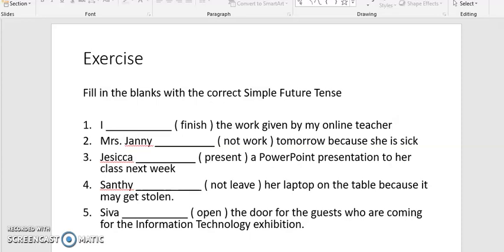I shall say, this one is in positive form. So the answer is: I will finish the work given by my online teacher. Okay, so the rest, number 2, 3, 4, and 5, you have to do by yourself.